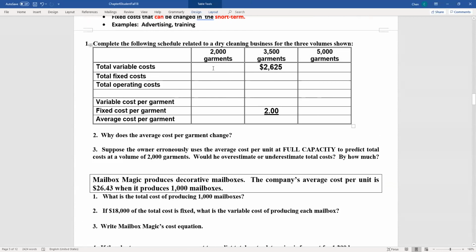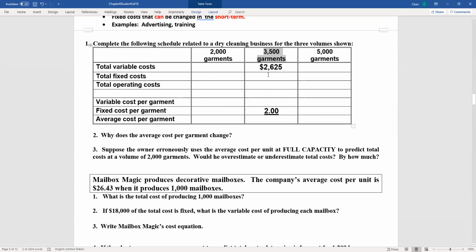First, if you look at this, you only have 2 numbers in the table, but you have to be able to fill in the rest of them. This is a very good example and a very good exercise to do. I think we can start from the fixed cost per garment, because this is the easiest one to do. The fixed cost per garment is $2 if you have 3,500 garments.